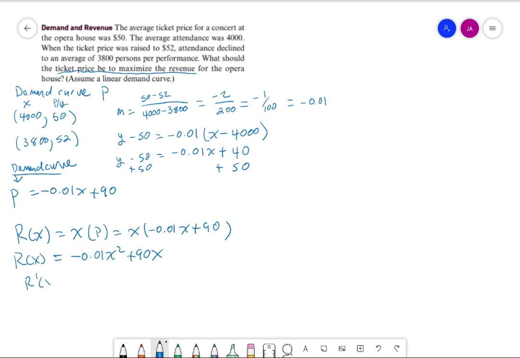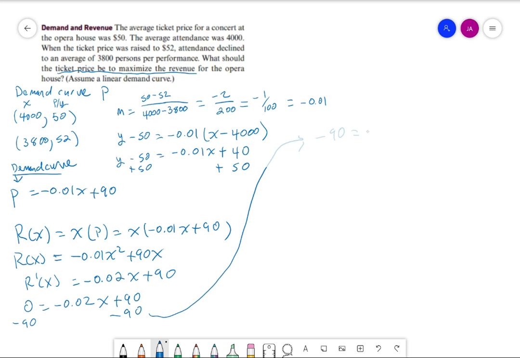Therefore, R prime is going to give us negative 0.02x plus 90. Well, then, what does that mean? We need to find the critical value, and so 0 is equal to negative 0.02x plus 90. Minus 90, minus 90.